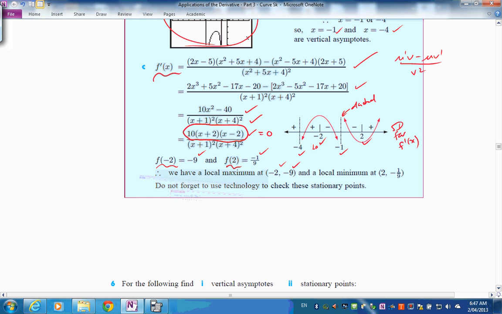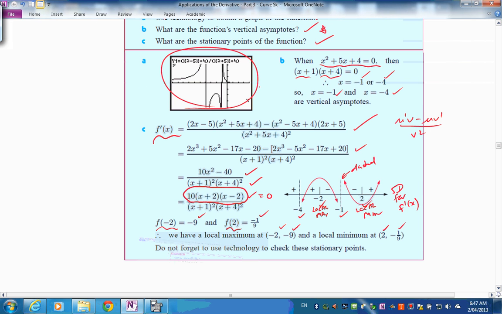So this is this one here, local max, and this one here, local min. So we've done a good job to actually map out this function up here. We've done very well with being able to determine where the graph lies.